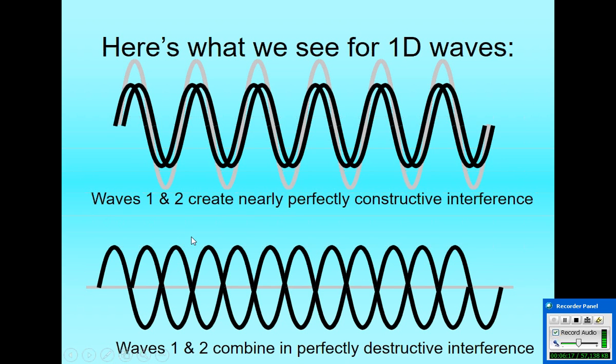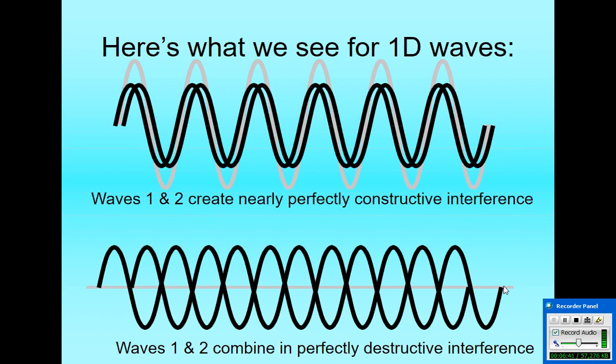The light red wave is basically the sum of each of the two separate waves. In the lower graphic, we see these two waves engaged in perfectly destructive interference. When one is at a peak, the other is at a valley. And the net effect is this horizontal red line, which indicates there doesn't appear to be any effect at all. This is destructive interference.